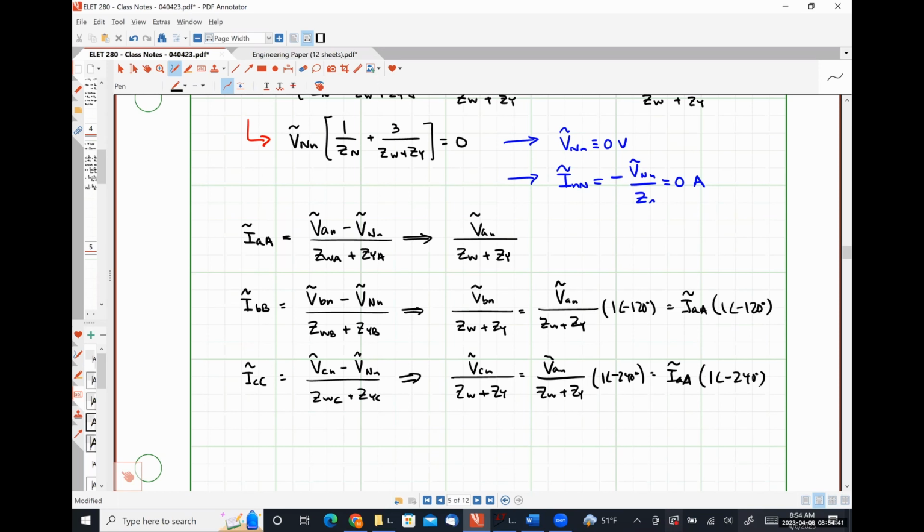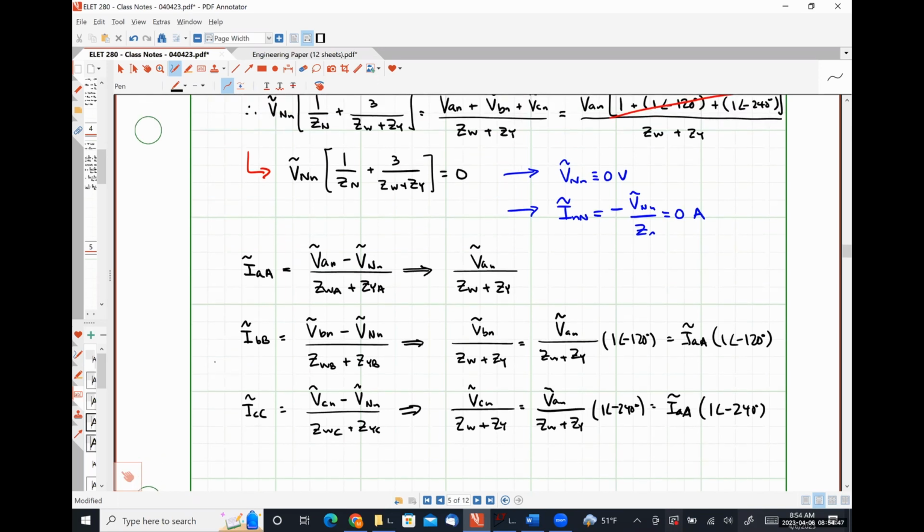So let's look at the implications of this, right? We know that all three of our line currents have equal magnitudes, but are separated by 120 degrees.